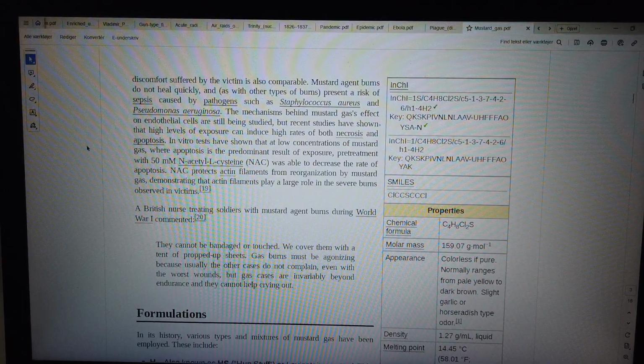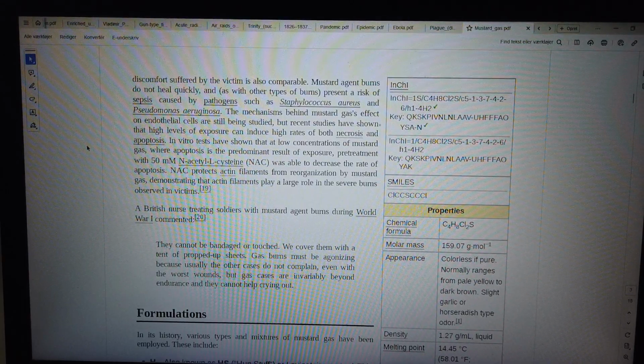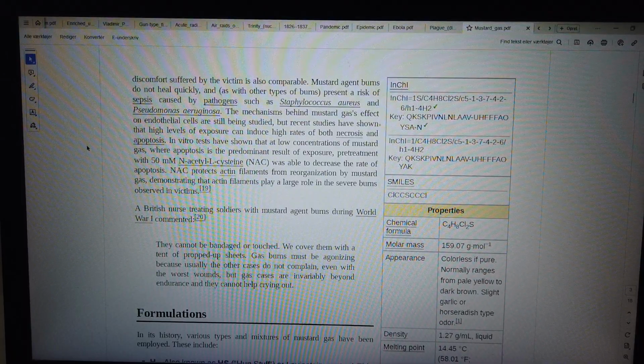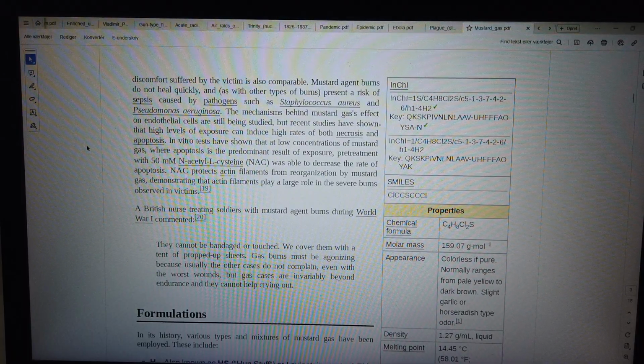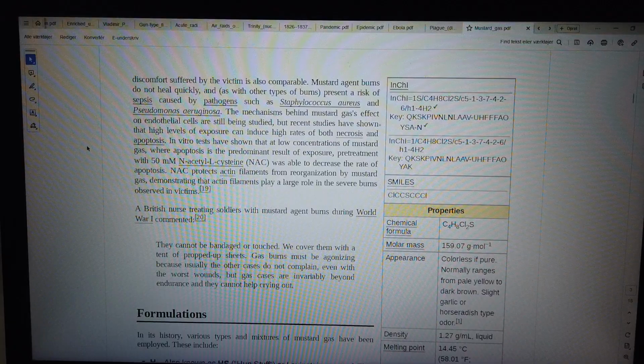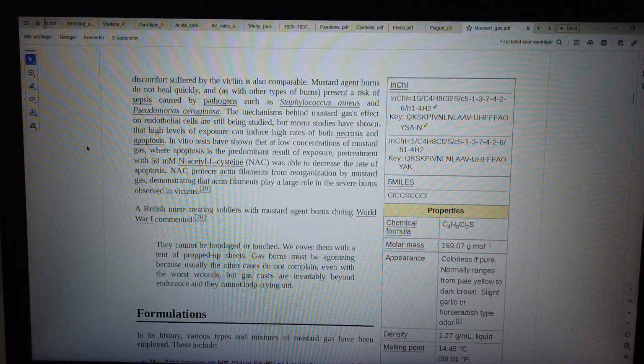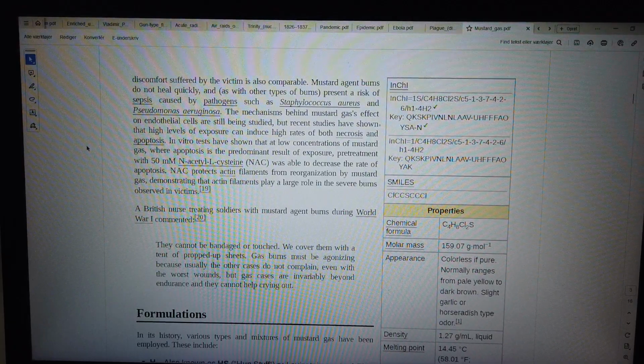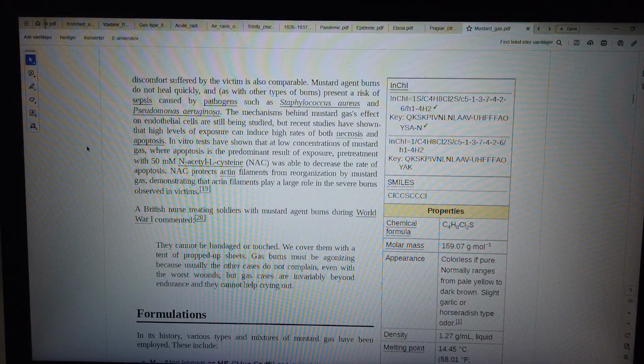Properties. Chemical formula C4H8Cl2S. Molar mass 159.07 g/mol. Appearance colorless if pure; normally ranges from pale yellow to dark brown. Slight garlic or horseradish type odor. 1. Density 1.27 g/mL.